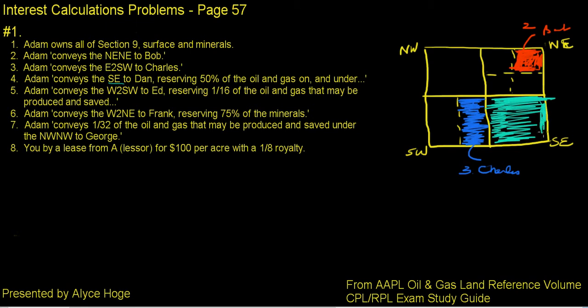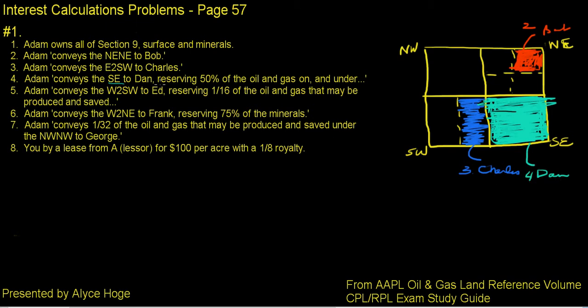And what's going to happen is by the end of the problem, whatever's left in black, I'll know that is what belongs to Adam. So here we're conveying the entire southeast quarter to Dan. So this is to Dan. And this is problem number 4.